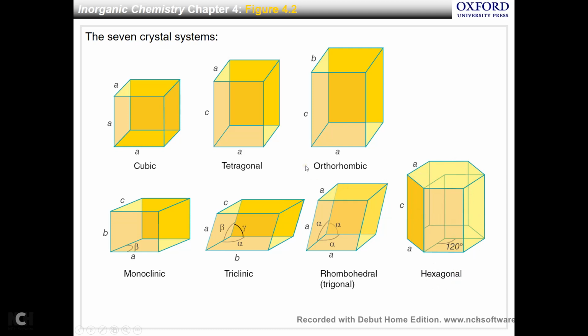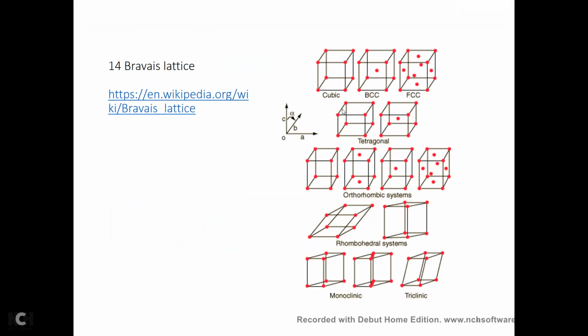So again, all solid crystals belong to one of the 7 crystal systems. Depending on whether we have other atoms on the surface, on the faces, or in the center of the unit cell, we can form 14 Bravais lattices.